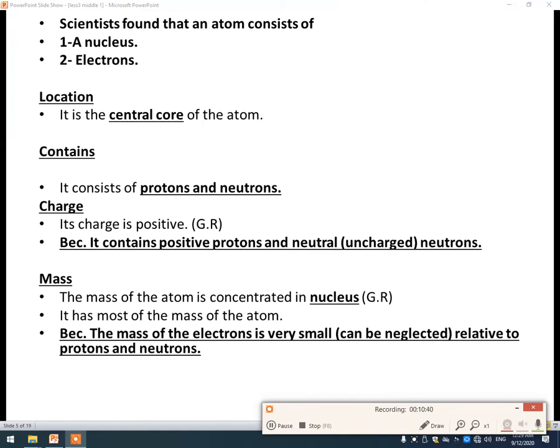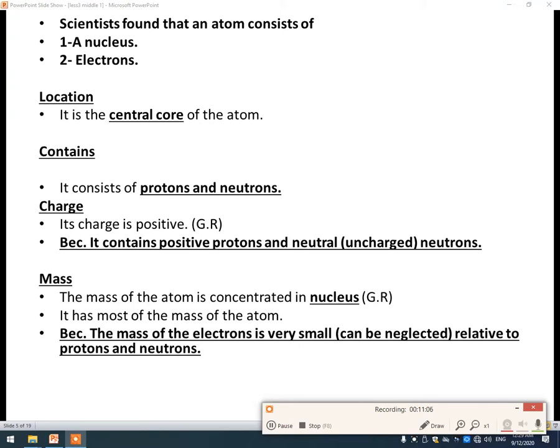And if you look outside the atom, you will see small parts that rotate or revolve around it, which are called electrons. So if I ask you a complete question, number one, the atom consists of two main parts, dots and dots, the answer will be the nucleus and electrons.